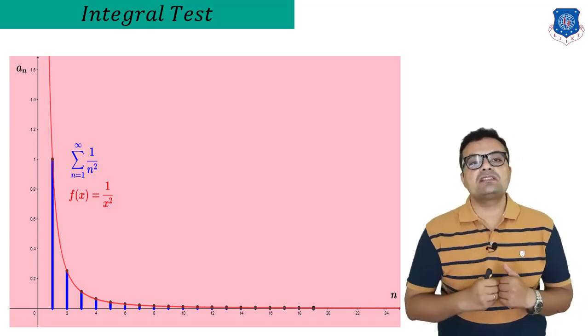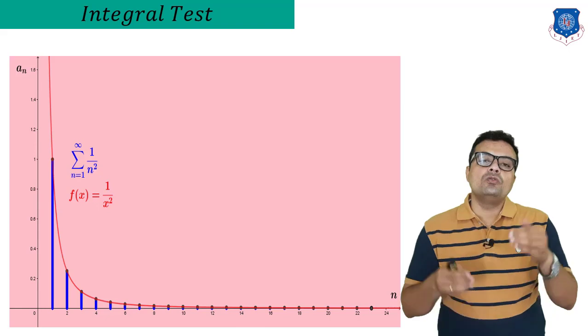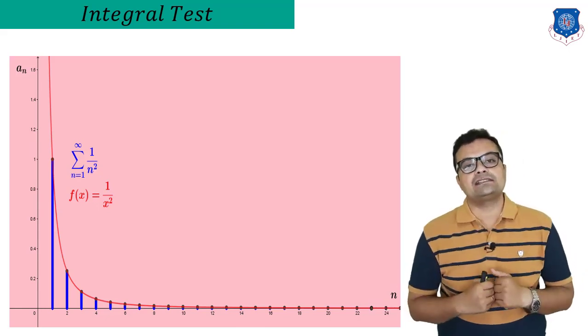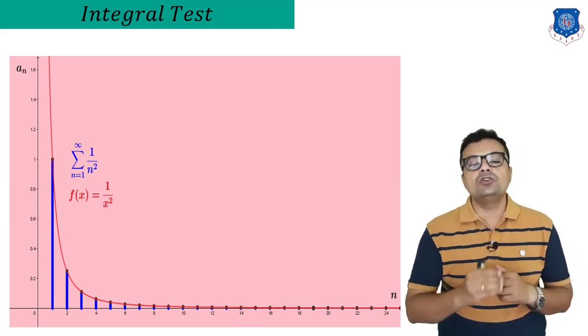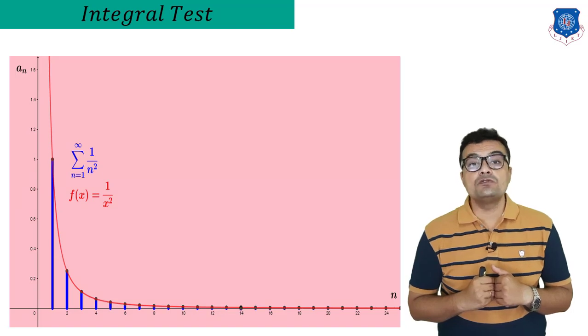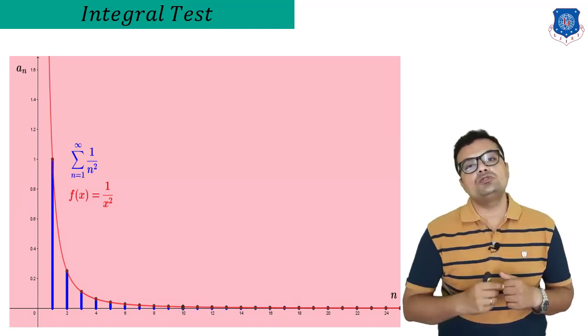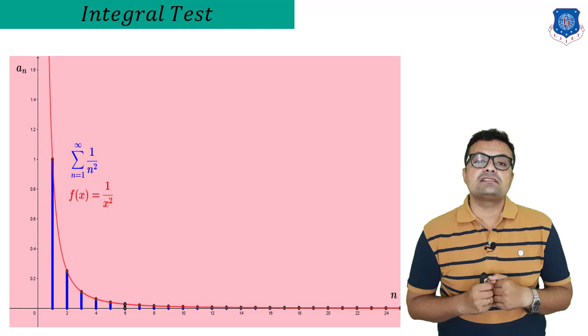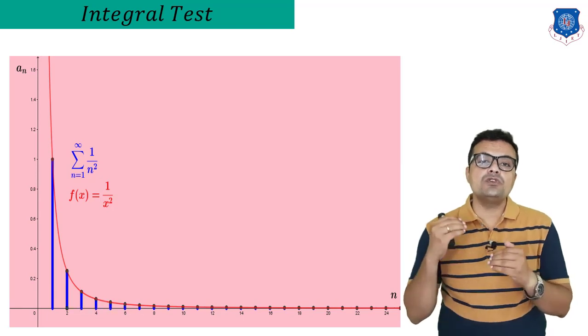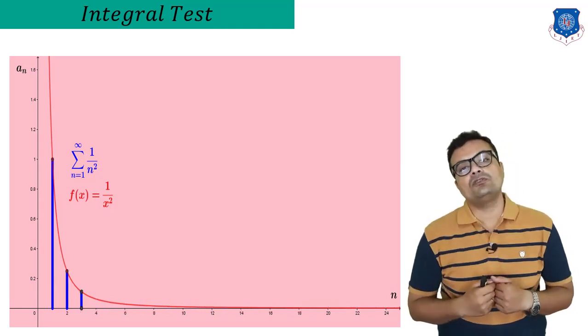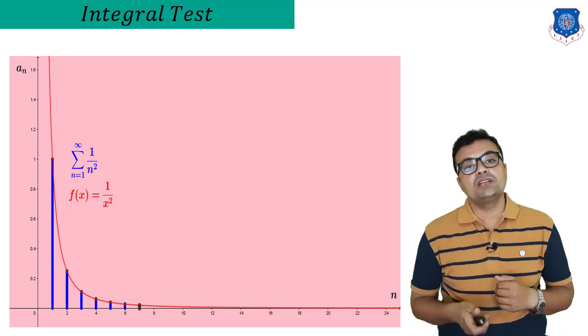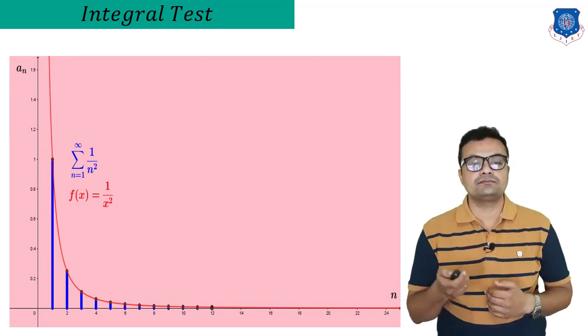And that simply means that all points on that curve will go onto the x-axis. So this is how this integral test is very useful. It will help you to not only check whether it is convergent or not, but it gives you a totally new aspect of convergence with the help of a function's integration.